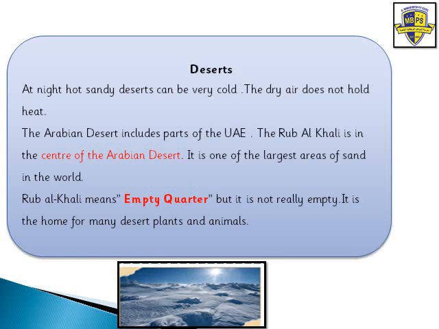It is one of the largest areas of sand in the whole world. ربع الخالي means empty quarter, but it is not really empty. It is the home for many desert plants and animals.